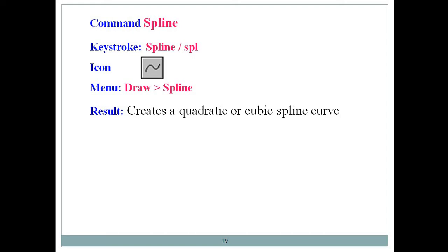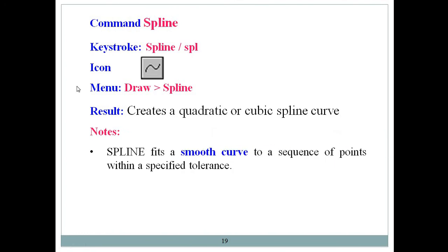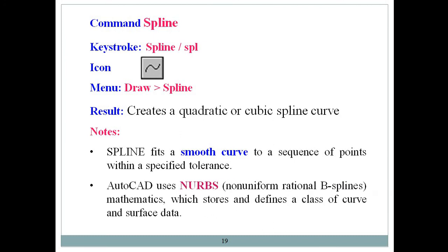The result is to create a quadratic or cubic spline curve, in which we need a sequence of points in the spline with the help of a specified tolerance.